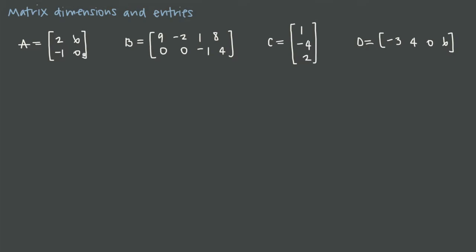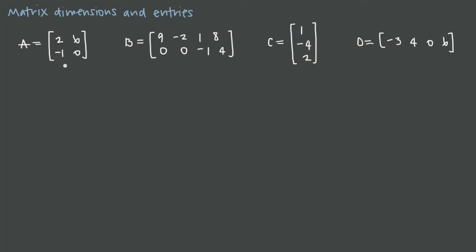So that's how we want to think about a matrix, as just a simple arrangement of data. And when we talk about matrices, we want to be able to refer to particular values in them. We also want to be able to know their dimensions. So let's go ahead and talk about the dimensions of each of these matrices before we talk about particular entries in each one.